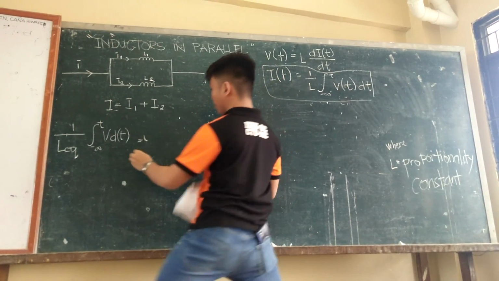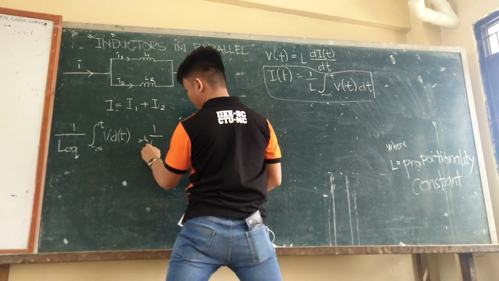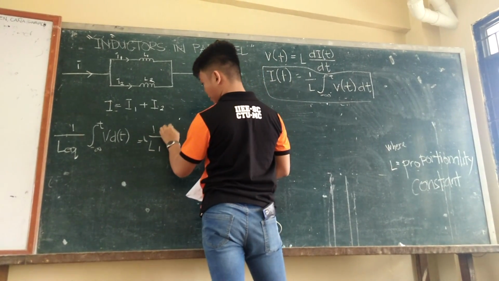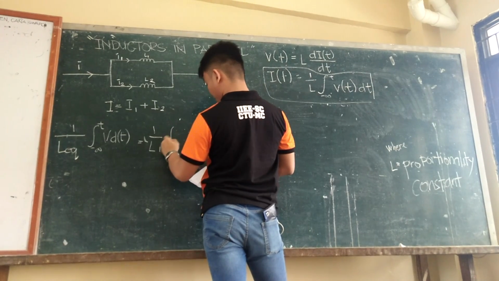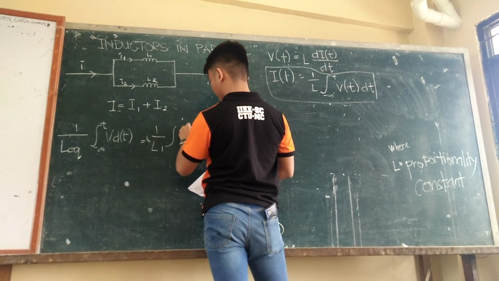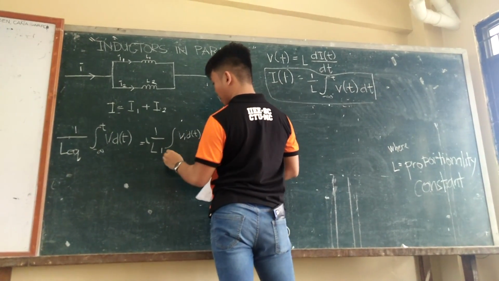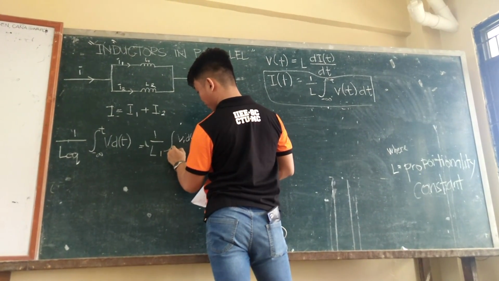So I1 will be 1 over L1 times the integral of V1 dt with the limits negative infinity.